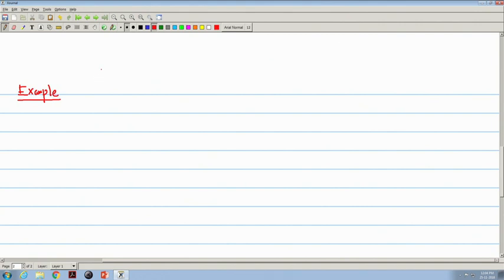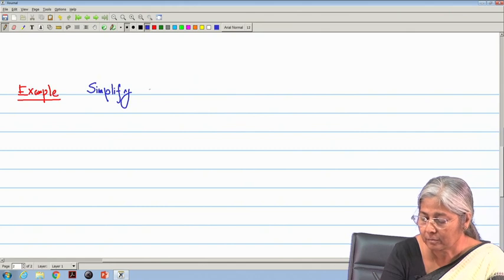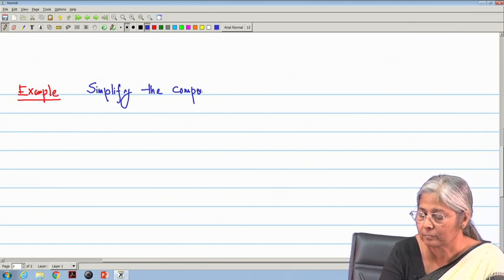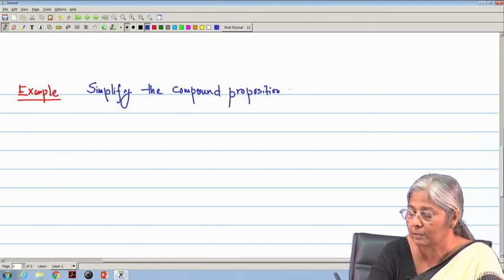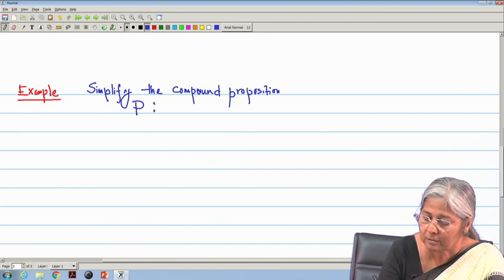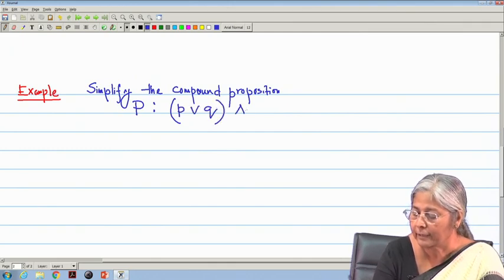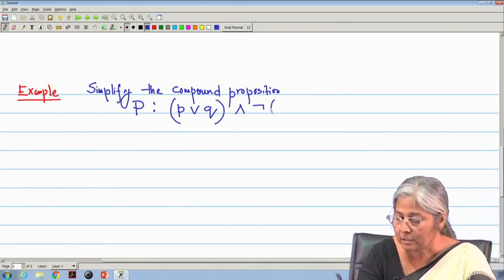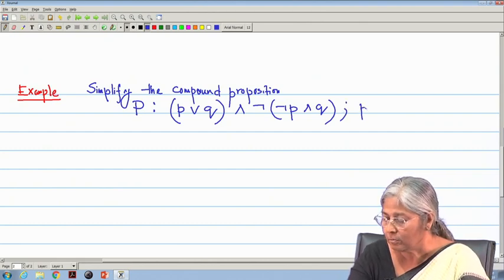Let us simplify the compound proposition P, which is (P or Q) and negation (P and Q). Here P and Q are primitive statements.